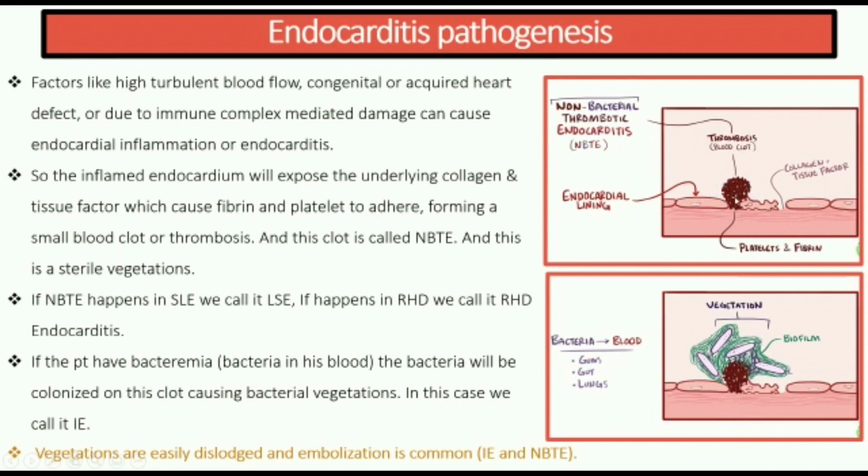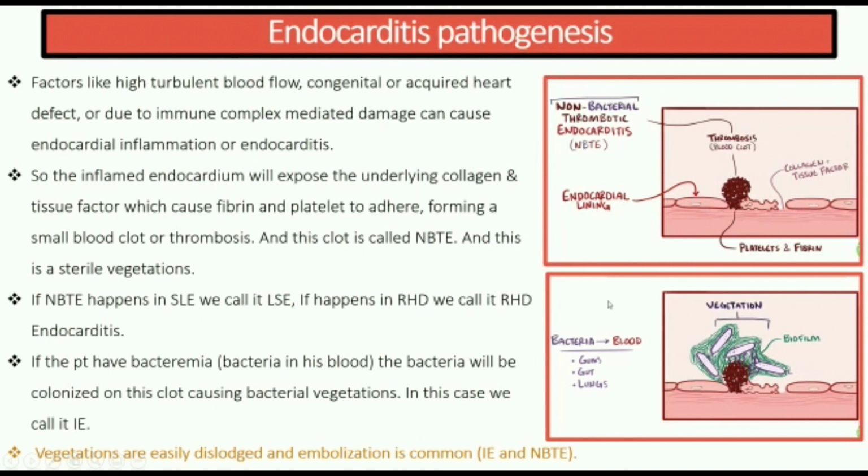This thrombosis or blood clot is called non-bacterial thrombotic endocarditis, and usually it happens in patients with a hypercoagulable state, in hyperestrogenic state, and in some malignancies. If this thrombosis happens in a patient with SLE, we call it Libman-Sacks endocarditis, and if it happens in rheumatic heart disease, we call it rheumatic heart disease endocarditis.